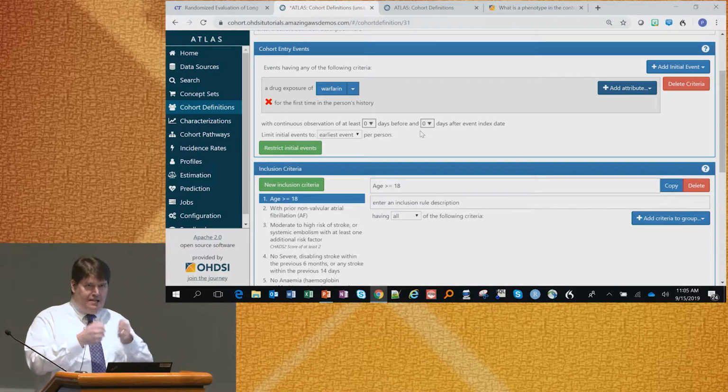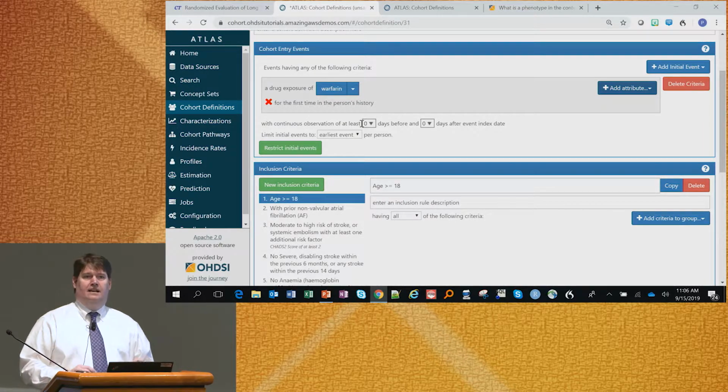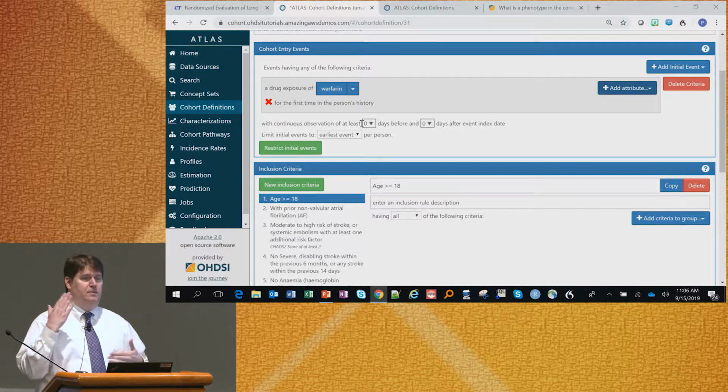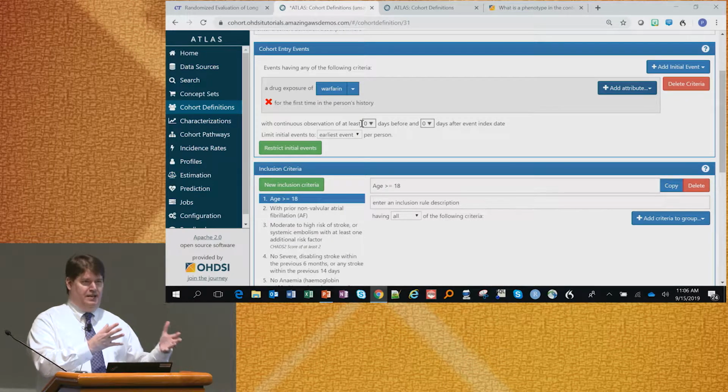If a person just enters your data and immediately takes warfarin after day 2, you only have 2 prior days of data to determine if they qualify for this cohort. This functionality says we don't just want anybody who took warfarin for first exposure. We want the exposure that had enough prior observation for us to do other inclusion criteria checks on that patient to make sure he really should qualify.